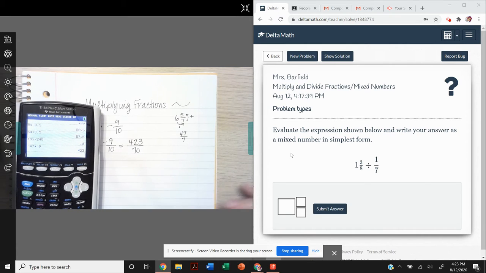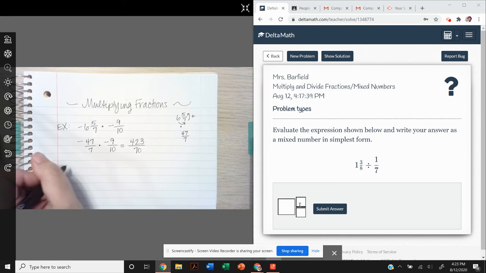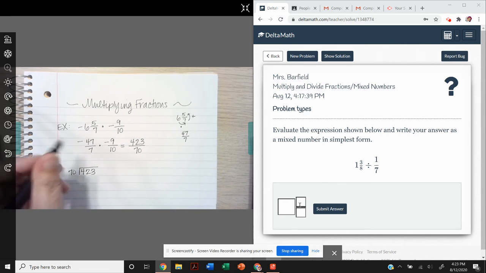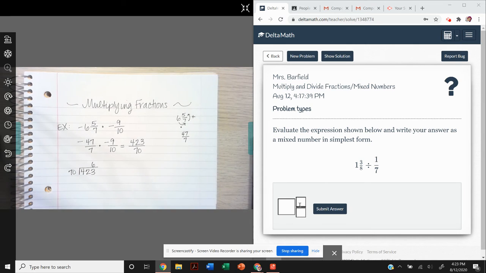Now, if you look at the answer choice here, you have to write it as a mixed number. So now you have to do some long division. Let's just do this right here. 70, and how many times does that go into 423? Well, 7 into 42 is 6 times. And since it's 70, I'm going to put the 6 here.